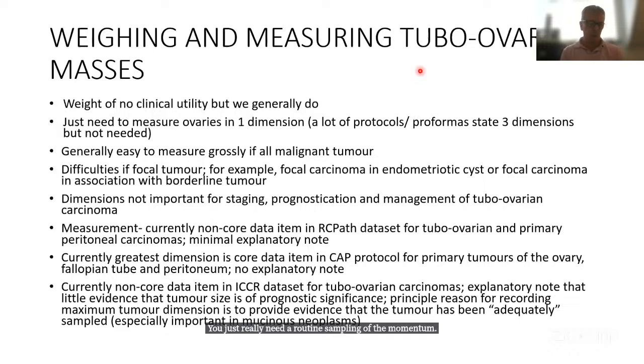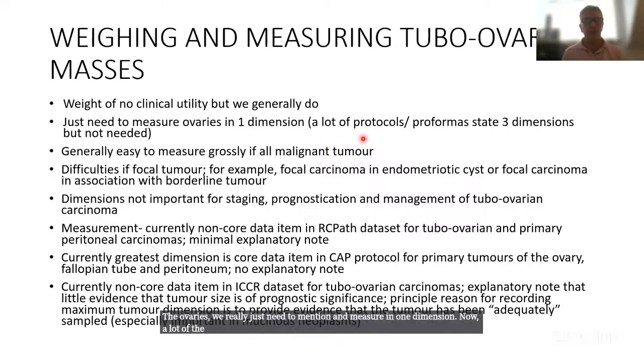Now I'm going to move on to talk about the tubal ovarian masses. Do we need to weigh and do we need to measure these? Again, the weight is of no clinical utility, but of course we generally do. The ovaries we really just need to mention and measure in 1 dimension. Now, a lot of the protocols and pro forma state 3 dimensions, but really only 1 dimension is needed.